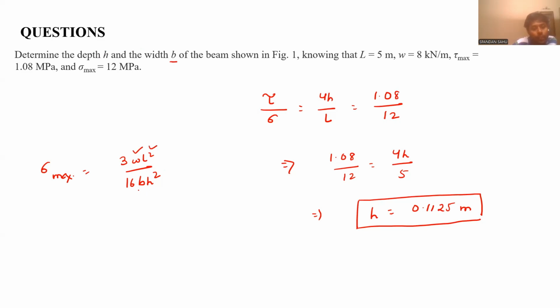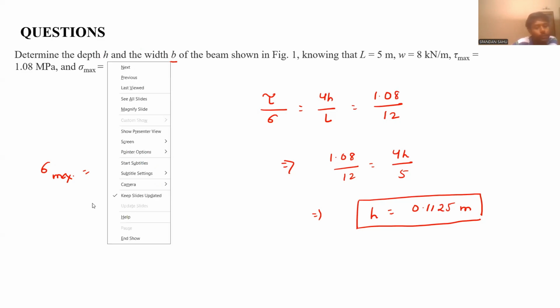Length is 5 meter. B is the only unknown term. H square, H you know from this answer. And sigma max we know is 12 MPa. From this equation, substitute everything and give me the value of B. That will be the second part of the answer.